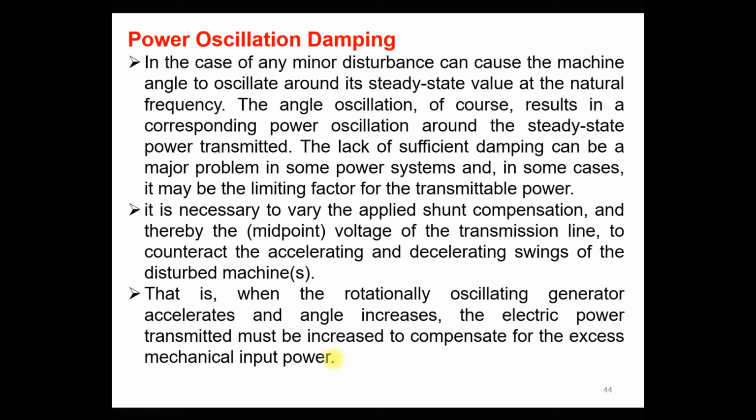It means that during the power oscillation of any rotating machine, if the generator accelerates, the angle increases, and the transmitted electrical power must be increased to compensate for the excess mechanical input power, because when your generator accelerates, your mechanical input is higher than the required value. We will see in the next slide how this compensates.